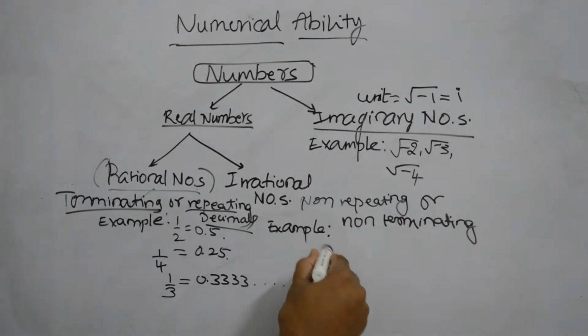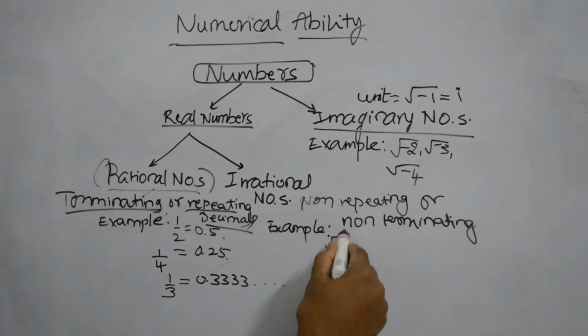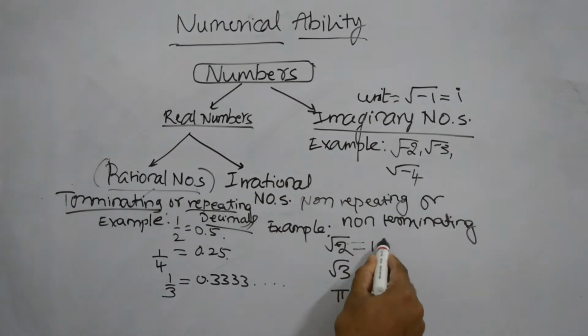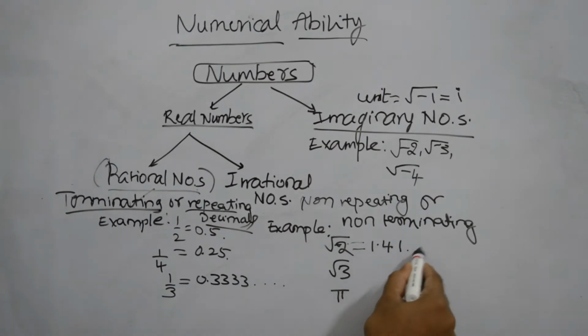For example, root of 2, root of 3 and pi. These are examples of irrational numbers. The value of root 2 is 1.41 and it goes on continuing. Here the number is non-terminating as well as non-repeating. That's why it is called an irrational number.